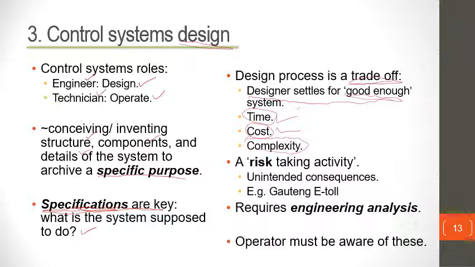It's also important to note that design is a risk-taking activity, because in any design there are always unintended consequences, especially when the system being designed is complex. A typical example that we might be familiar with is the Gauteng e-toll system. This is some of the best technology in terms of capturing the plate numbers of cars that pass under the toll.